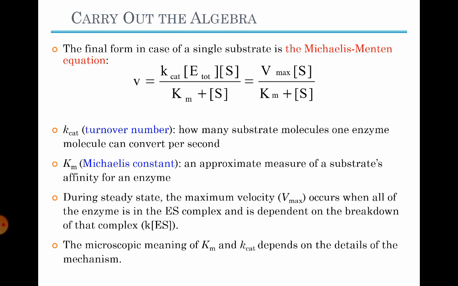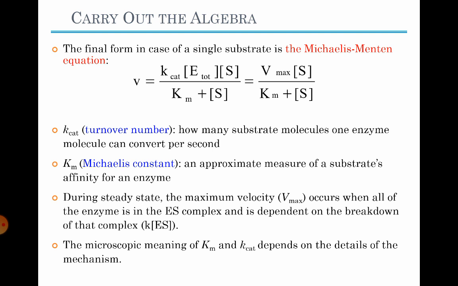The final form in the case of a single substrate is the Michaelis-Menten equation, where V is equal to Vmax times substrate concentration divided by Km plus the concentration of the substrate. Kcat is the turnover number: how many substrate molecules one enzyme molecule can convert per second.